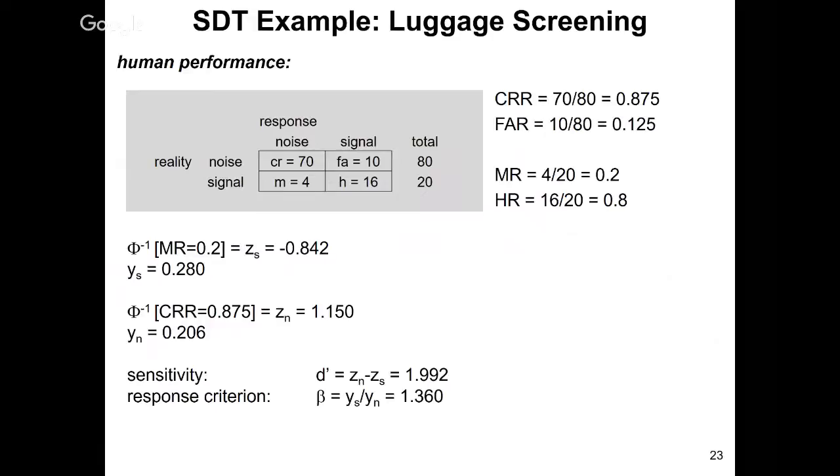Okay. So we used that tool, the Excel formula function, to come up with our Z score and then Y score for each. So for the signal, we get Z equals negative 0.842. And what does Z represent again?